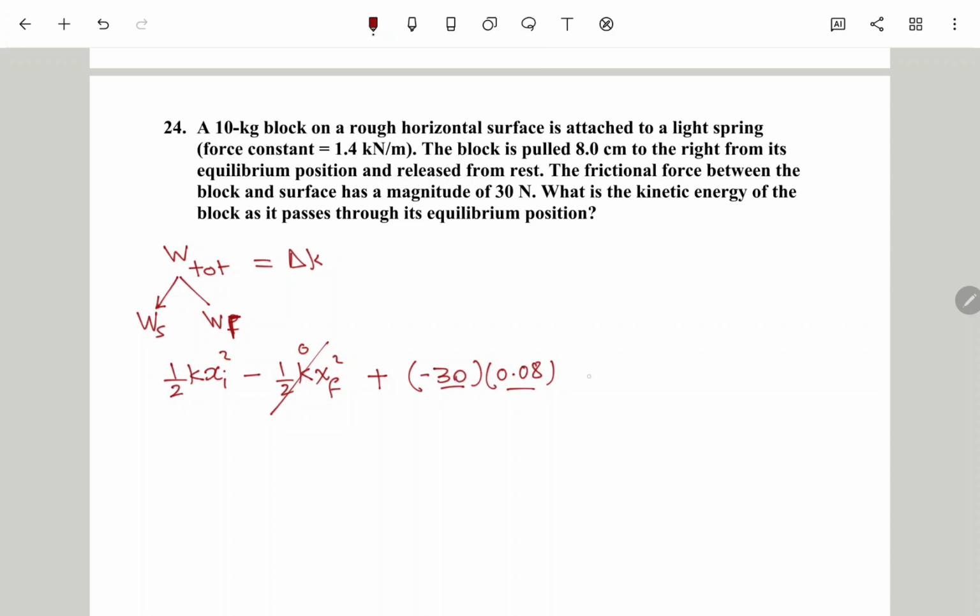Now this one here all equal to half m V final square. Rearrange this one, you will get half m V final square equal to 4.48 minus 2.4, and this one here is the final kinetic energy equal to 2.08 joules.